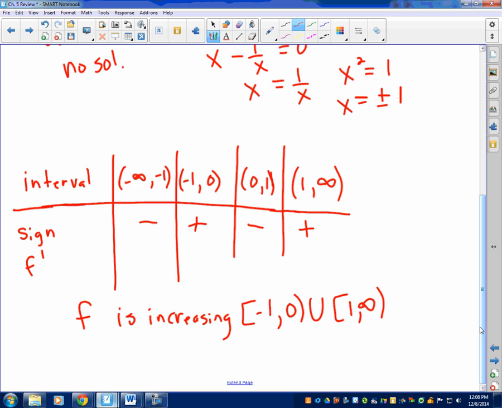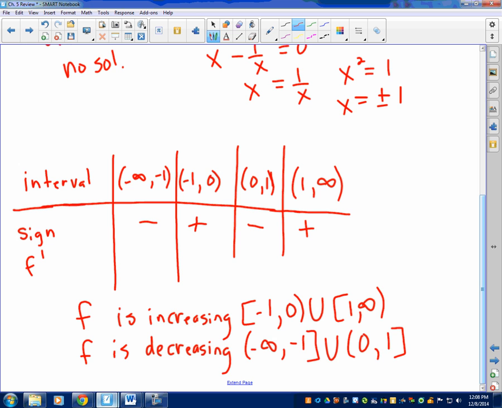And f is decreasing on negative infinity to negative 1, and I could close off negative 1 because that is in the domain of the original. And then also union open interval 0 to 1. So those are my increasing and decreasing intervals for this function.